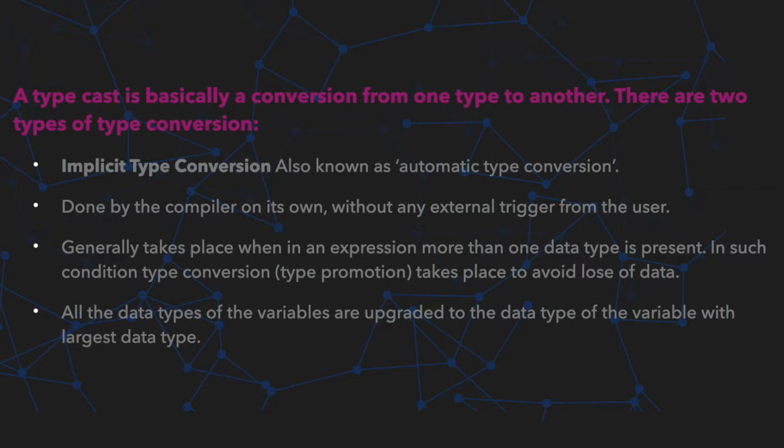One is implicit typecast, another one is explicit typecast. Implicit typecasting means automatic type conversion. Basically the compiler is involved in it. The compiler automatically converts the particular data type into the wanted data type, so you don't forcefully do it. Let's see an example.